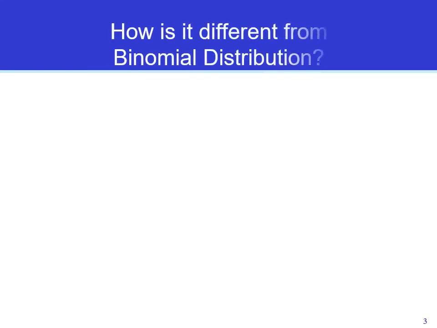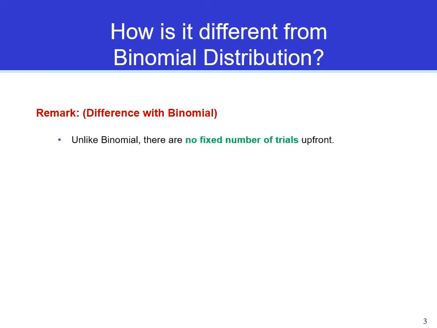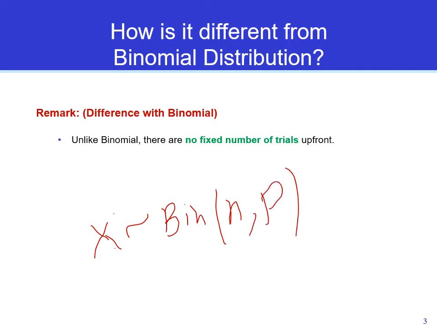Let's see how Poisson distribution is different from binomial distribution. In Poisson distribution, unlike binomial, there are no fixed number of trials. If you remember the binomial distribution, if x follows a binomial distribution with parameter n, the number of trials, and p, so n here is the number of trials.